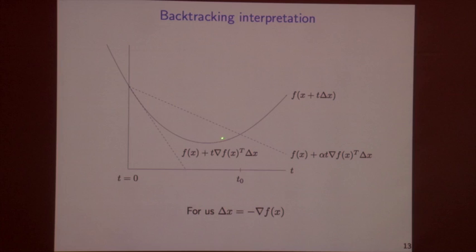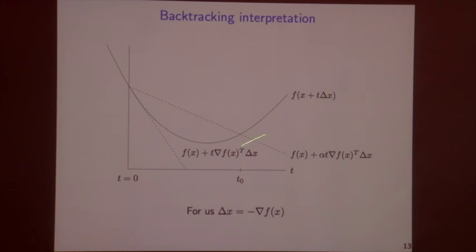They're discussing it in a more general fashion, so they use this delta x. Delta x for us is just going to be negative the gradient of f. So whenever you read delta x, plug in negative the gradient of f at x, as stated here. As I was saying, this is the value of your objective function at the new location, x plus t delta x, which is x minus t times the gradient of f at x.